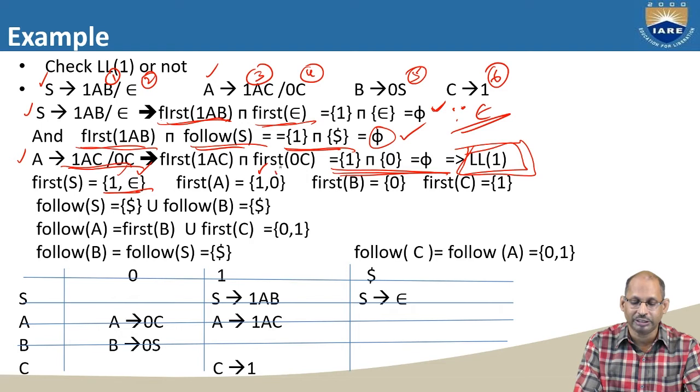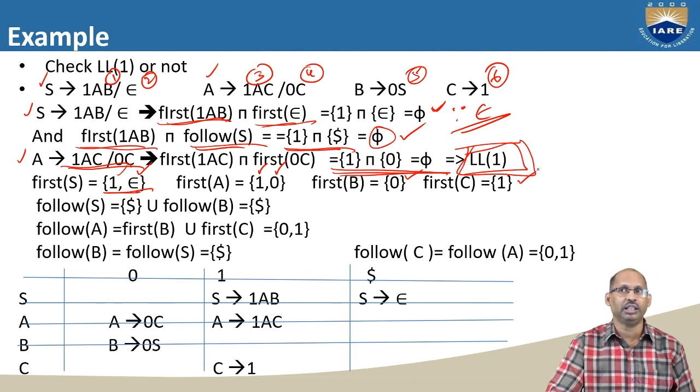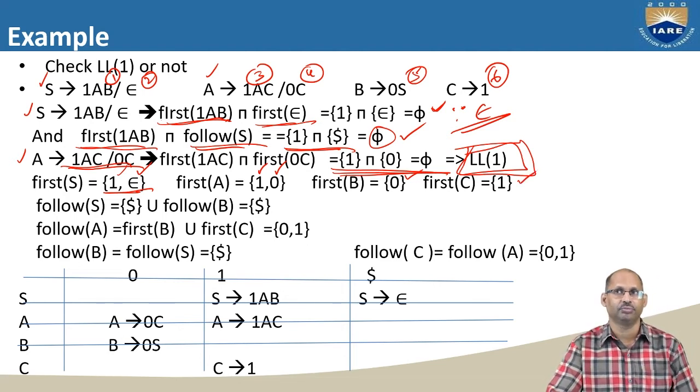From the fourth production, it is 0. Then first of B is 0, from the fifth production. From the sixth production, first of C is 1.